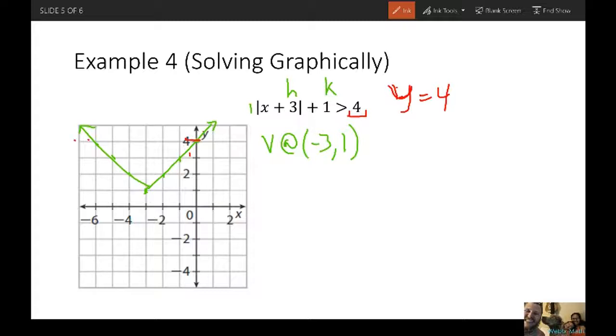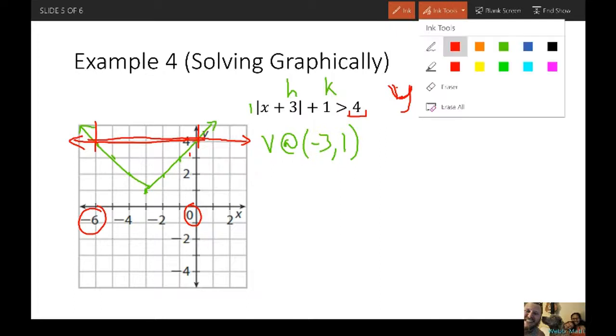So we're going to draw our line straight across at 4. Okay, so boom, it crosses, boom, it crosses. It crosses at x equals 0, and then it also intersects at negative 6 for x. Okay, so those will be your solutions, but since we're dealing with inequalities, let's go ahead and see it graphically.